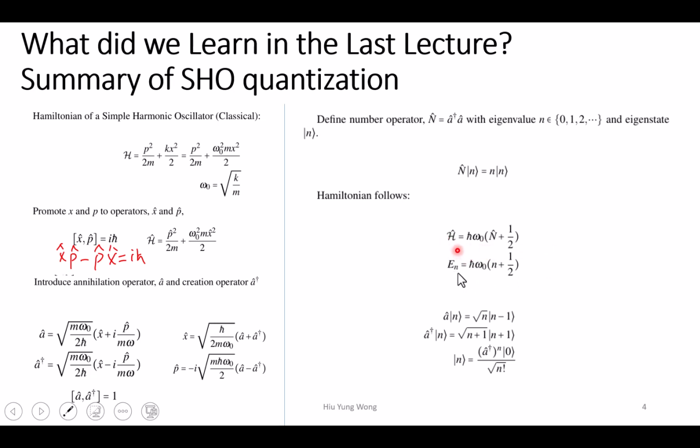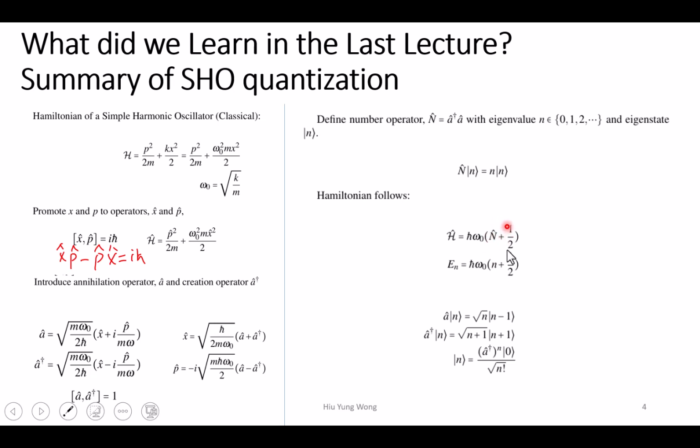But it just turned out that this n and H have this relationship. And it means they also have the same eigenvector. Then you actually can diagonalize them at the same time, right? But anyway, this n turned out to represent the number of quanta of energy that you have in the system.